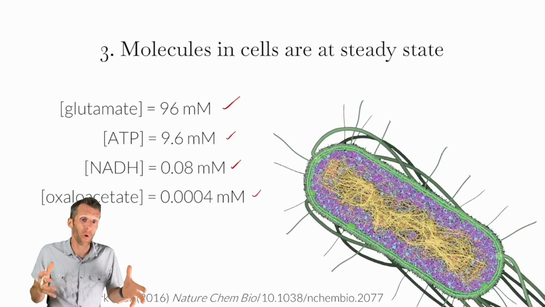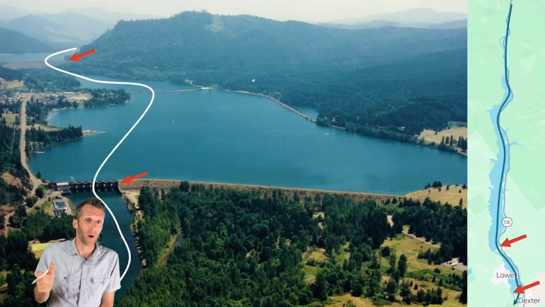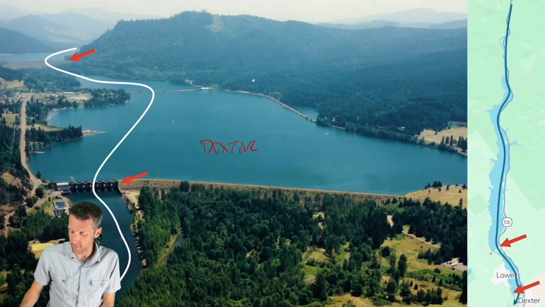This is really helpful and really important to keep in mind when we're analyzing metabolic systems, that the concentrations of the things really don't change very much. What do I mean by steady state, or what's another physical example of this? This is an example from right nearby the University of Oregon. This is a reservoir known as Dexter Reservoir. It was built artificially through the introduction of dams.